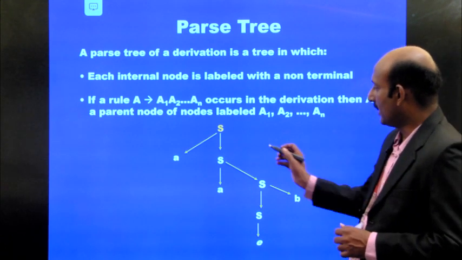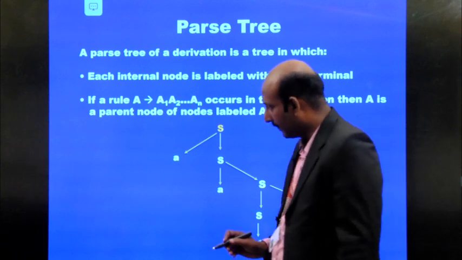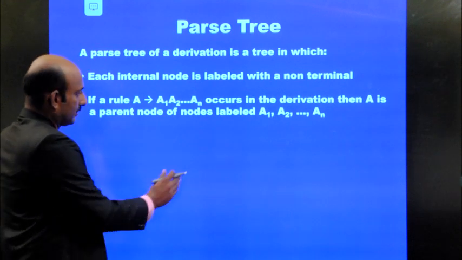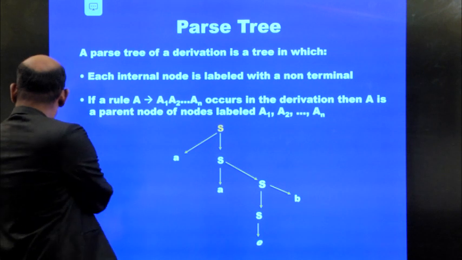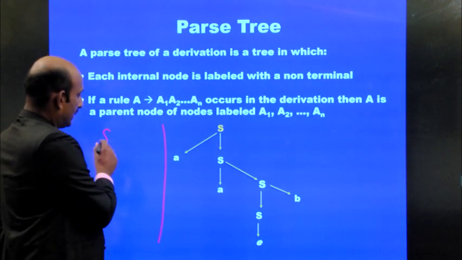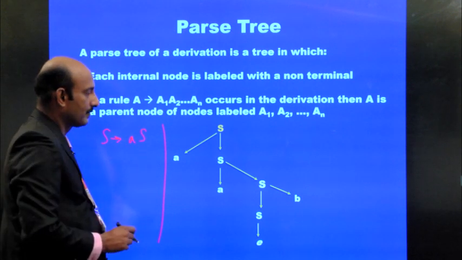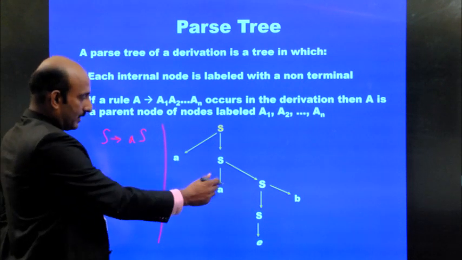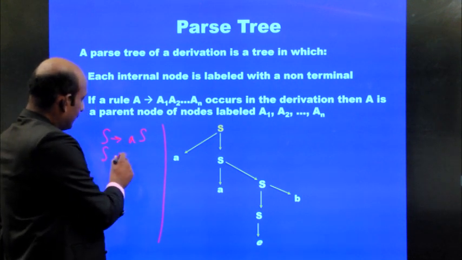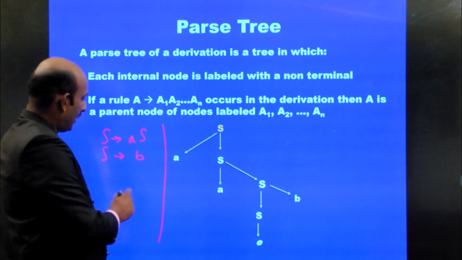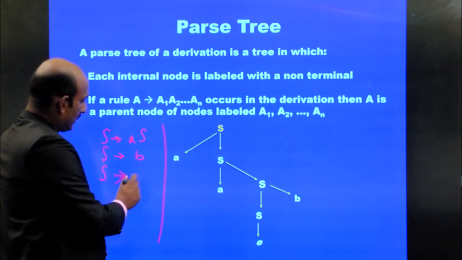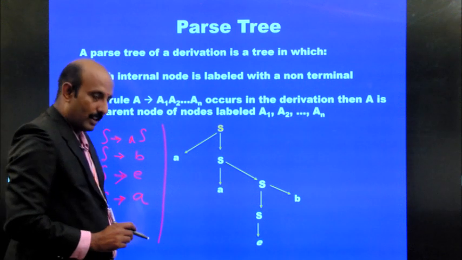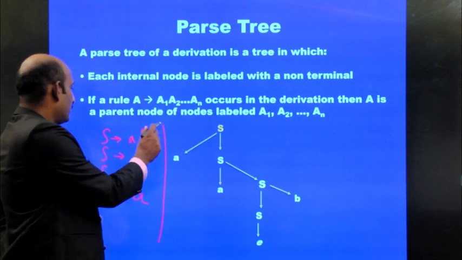So look at that, where S implies AS. Suppose we have productions in the form S tends to AS, S tends to AS, then S tends to B, and S tends to E, and S tends to A. Actually, these are what are called the given productions.